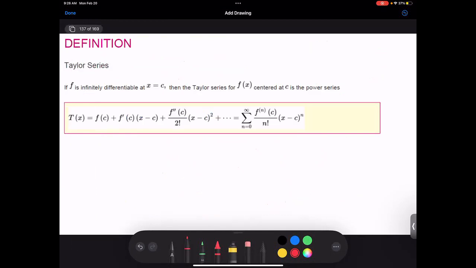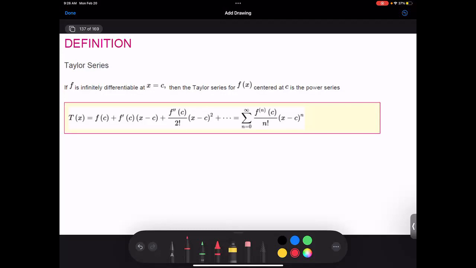Okay, so just a little bit more formally, if your function is infinitely differentiable, then we would say that the Taylor series at some point c, I'm sure there's a reason why they went from a to c, is exactly what we did before, except rather than stopping at n, you just go off to infinity. As soon as you see an infinite sum, you have to be afraid.